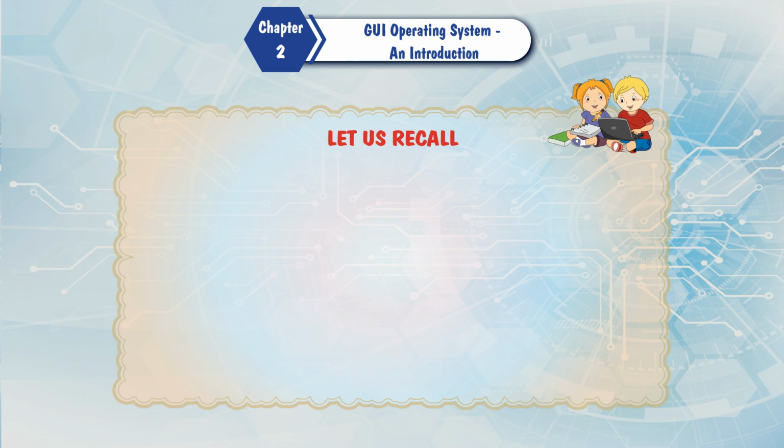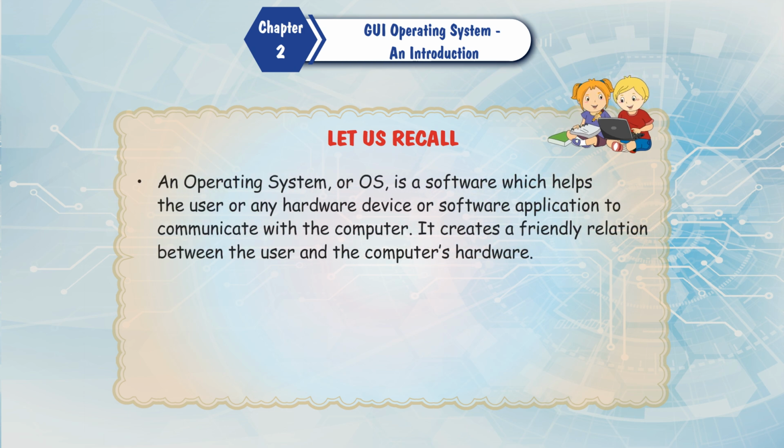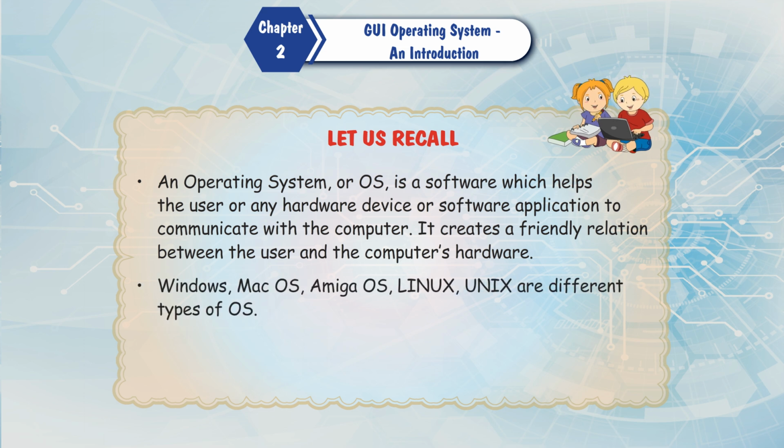Let us recall. An operating system or OS is a software which helps the user or any hardware device or software applications to communicate with the computer. It creates a friendly relation between the user and the computer's hardware. Windows, Mac OS, Amiga OS, Linux, Unix are different types of OS.